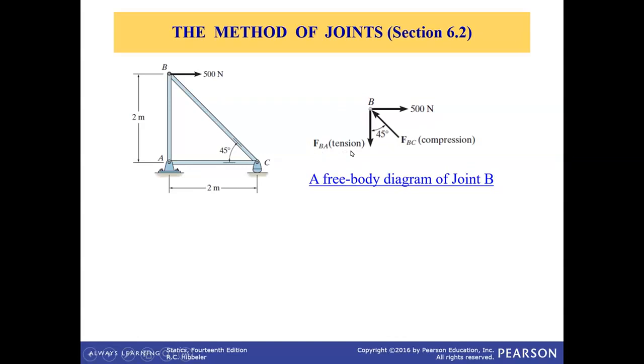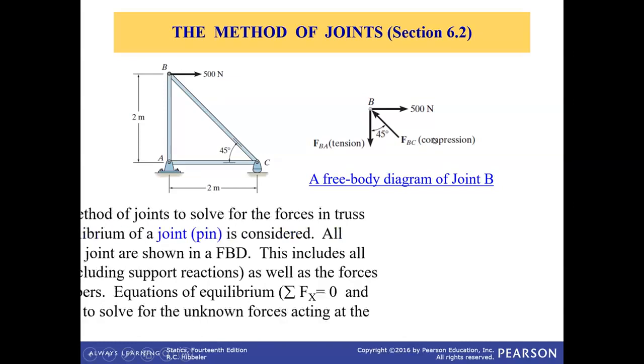When we solve the problem, if we get a positive number for each of these forces, that means our assumption for tension and compression is right. If for one of the members we get a negative load, that means the actual member is in the opposite type of loading than our assumption.